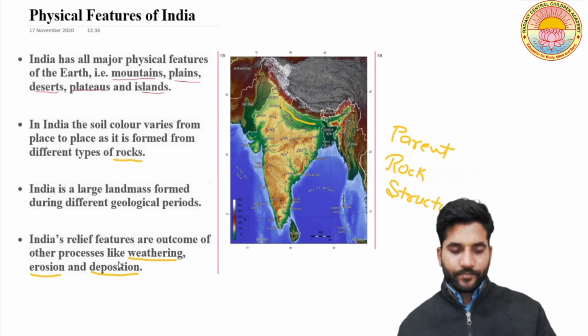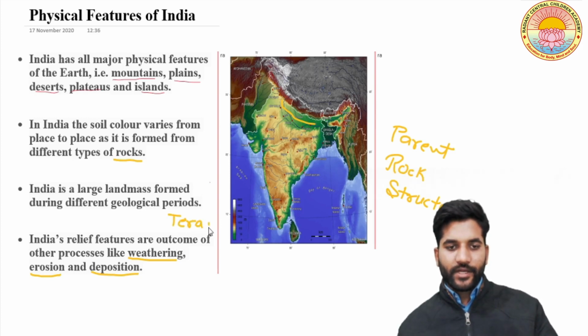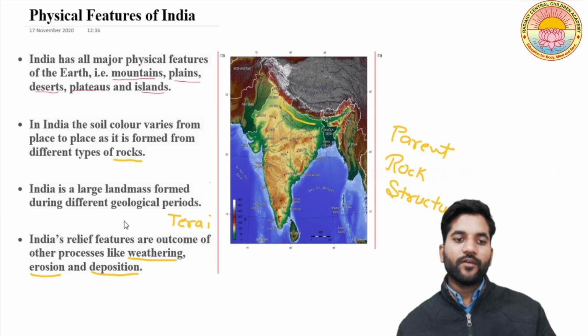For example, if you go to the Tarai area or the upper region of that, you will find boulders. When you go to the foothill area of the Himalaya, there are some kinds of boulders, and when you go down from that, you will find small pebbles there.